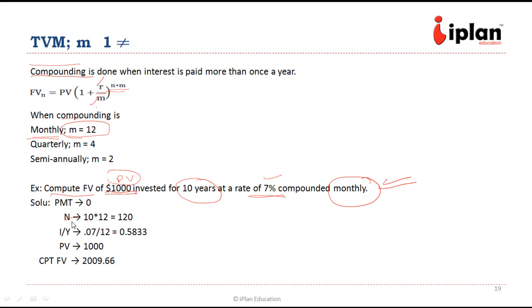So our N becomes 120 months and I by Y becomes 7% divided by 12, so 0.5833%. Present value is given to be 1000, and we can simply calculate the future value, which becomes 2009.66.